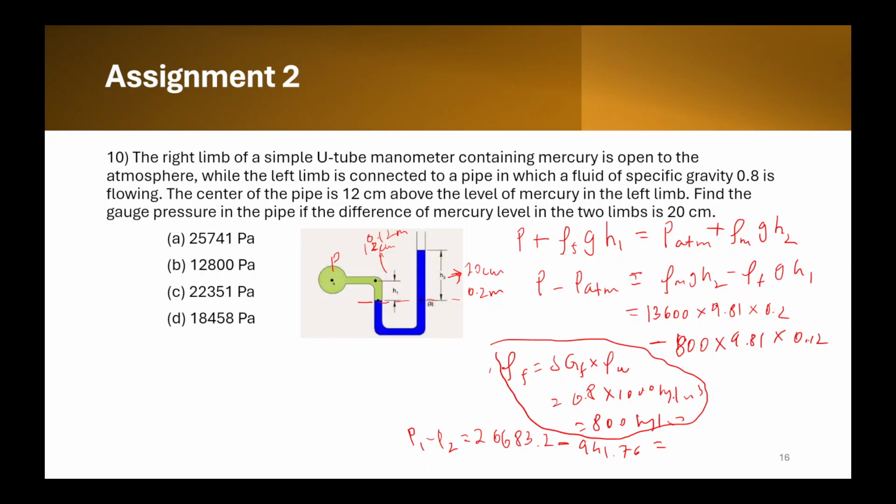So this comes out to be 25741.44 Pascal or 25.74 kilopascal. So the correct answer here is approximately the first option.